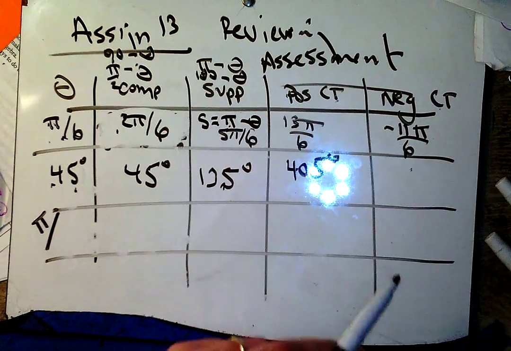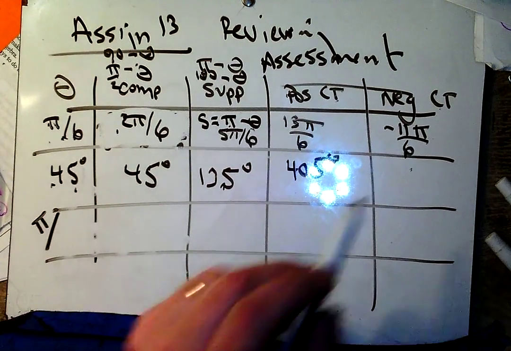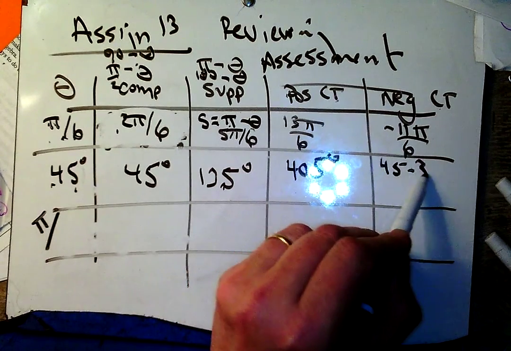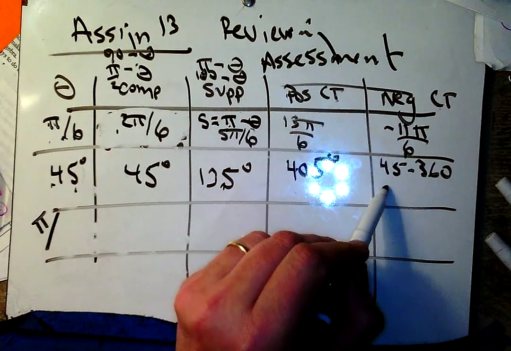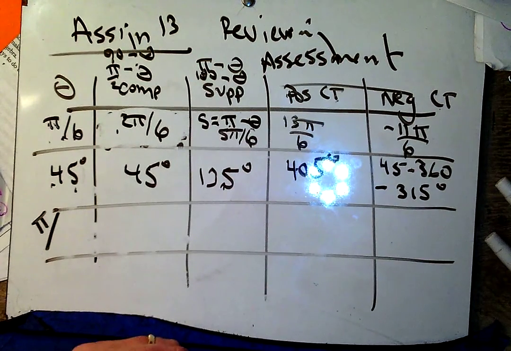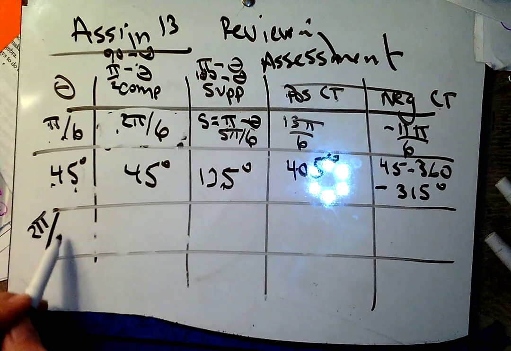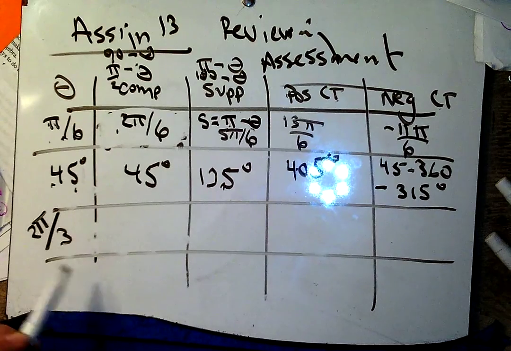And what about a negative coterminal angle? Well, I'm going to subtract 360. 45 minus 360 is going to be negative 315 degrees. Good, good. Okay. Oh, this one. 2 pi over 3. Go.